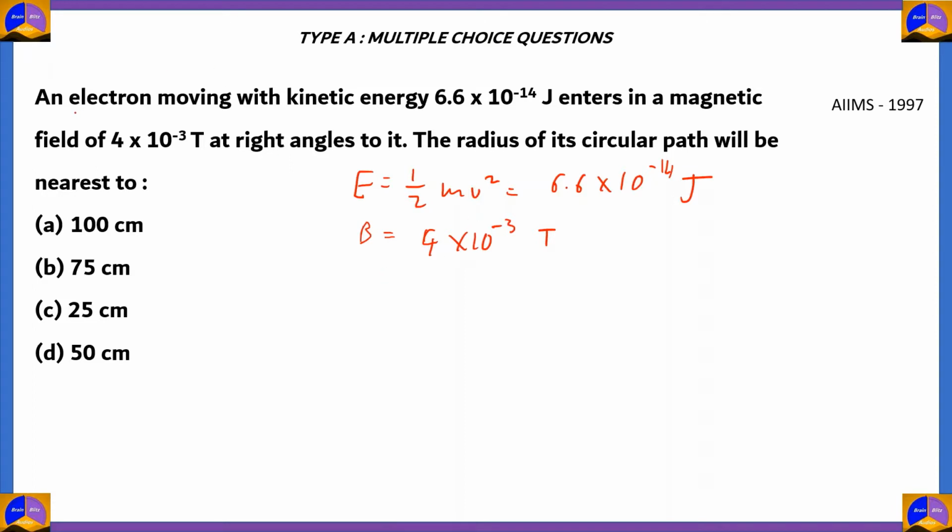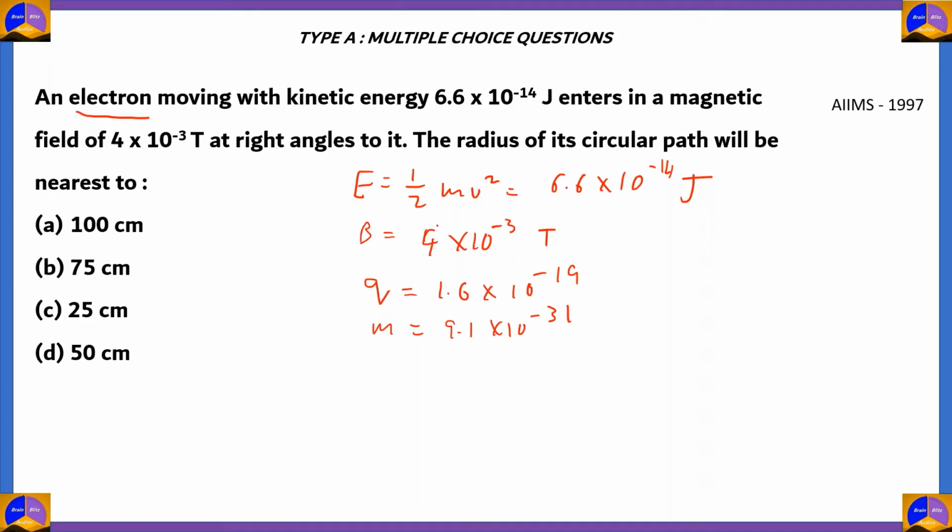Since the particle shot into the magnetic field is an electron, we know that the charge of an electron is 1.6 × 10^-19, and its mass is 9.1 × 10^-31. So these are the quantities given here.